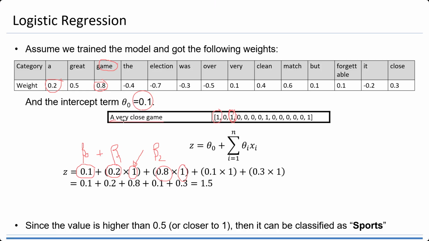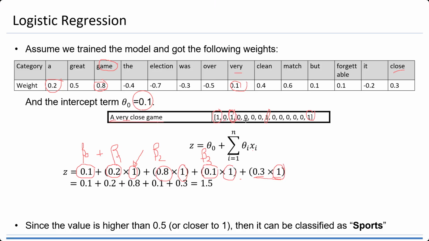Oh no, the next is very. Very is 0.1, so 0.1 is the beta 3 multiplied by 1 because it exists, plus the word close. The word close is also appearing in this text, so 0.3 multiplied by 1.